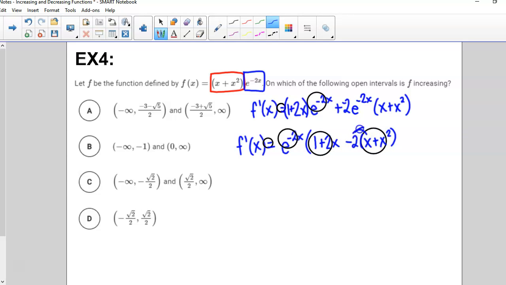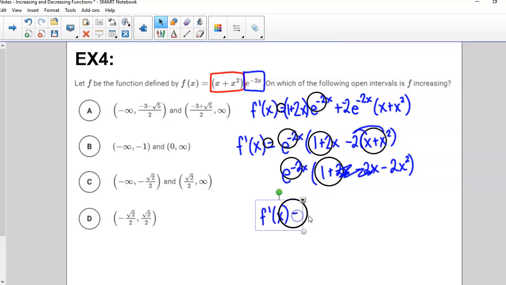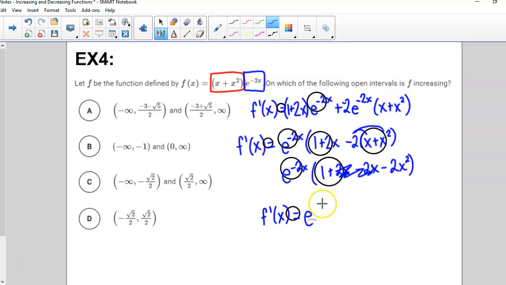So if I distribute that negative 2, I've got e to the negative 2x. Circles are going to drive me crazy. And the positive 2x and negative 2x cancel each other out there. So my derivative is e to the negative 2x times 1 minus 2x squared.